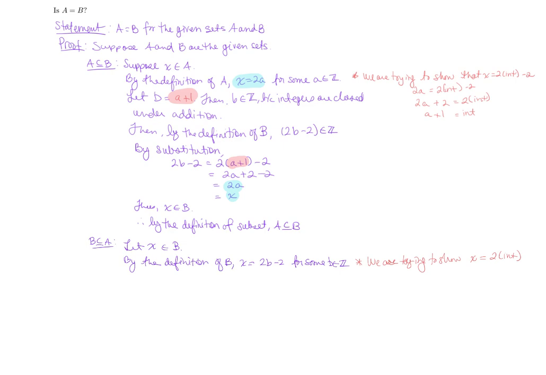We're going to let a equal a specific value. What we're looking for is that element in set B, that x, that 2b minus 2, we want it to equal 2 times some integer. Which means that if we divide it all by 2, we get b minus 1 is that integer. So we're going to let a equal b minus 1.